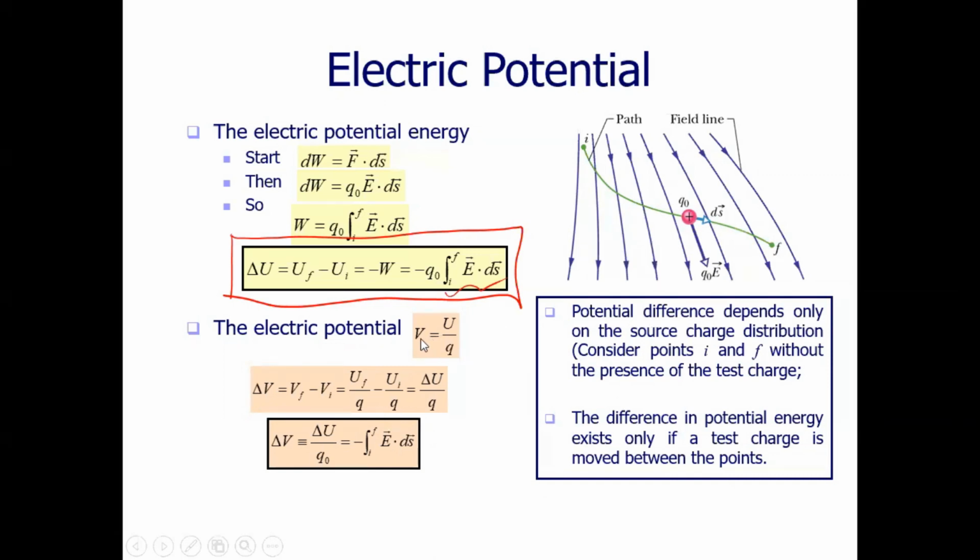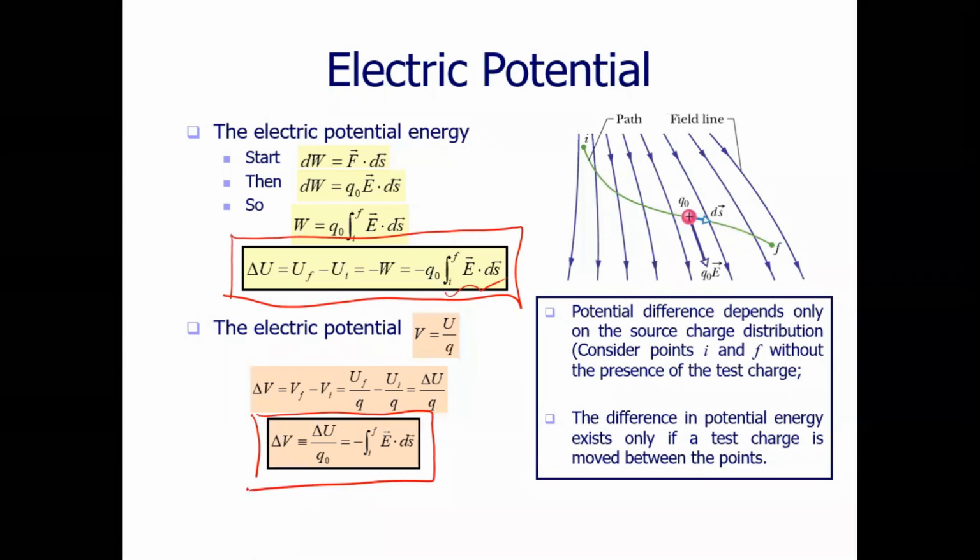So the change in the electric potential will just be given by the change in the potential energy per unit charge. Remember, the change in the electric potential energy is given by this expression. If you divide it by the charge, this Q naught, the Q naught cancels out, such that you just remain with this expression here. So we have derived two expressions.